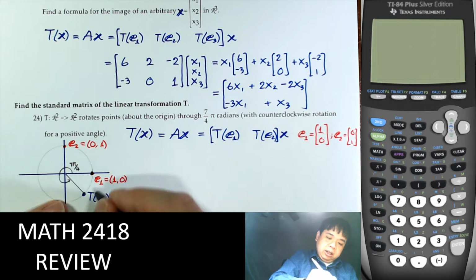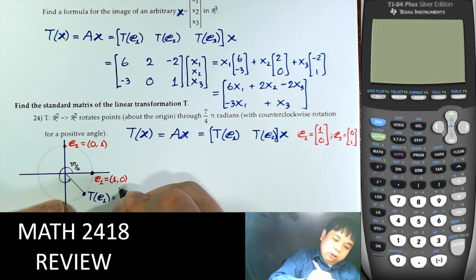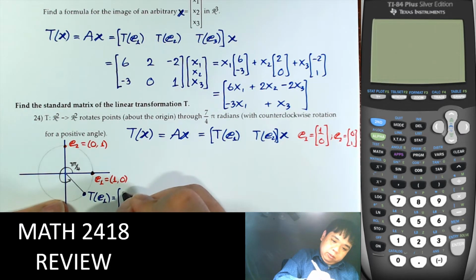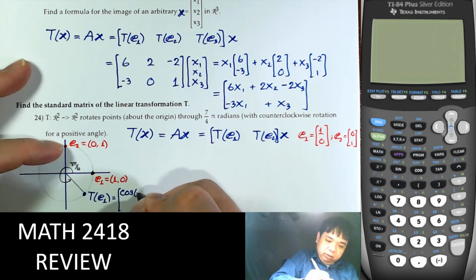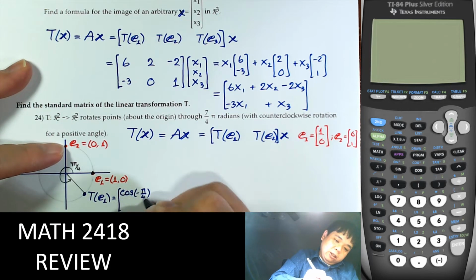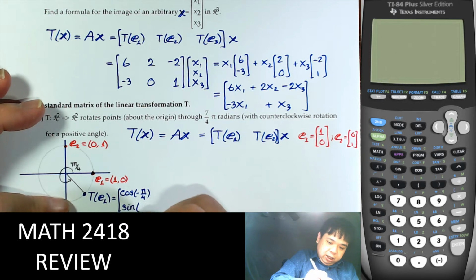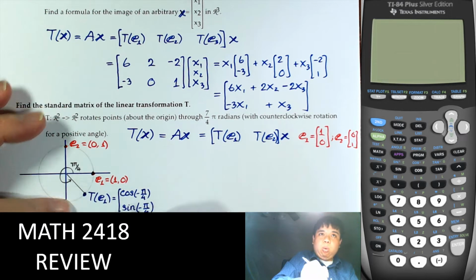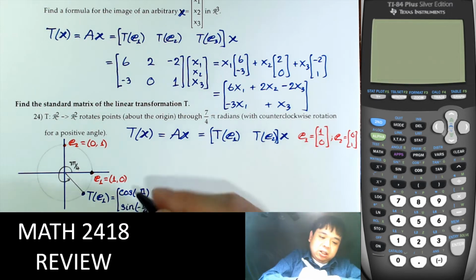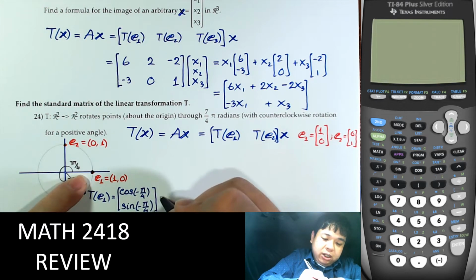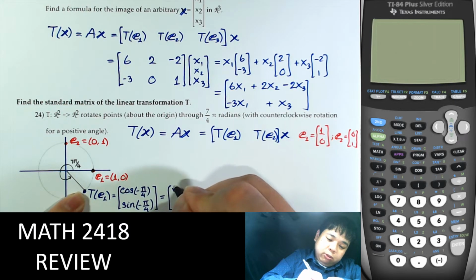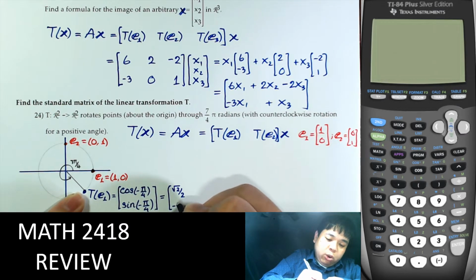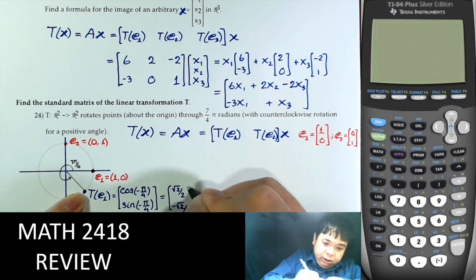So this will transform into: x will be cosine of negative pi over 4, and y will be sine of negative pi over 4. x is cosine, y is sine. So cosine is going to be positive and sine will be negative: square root of 2 over 2, and negative square root of 2 over 2.